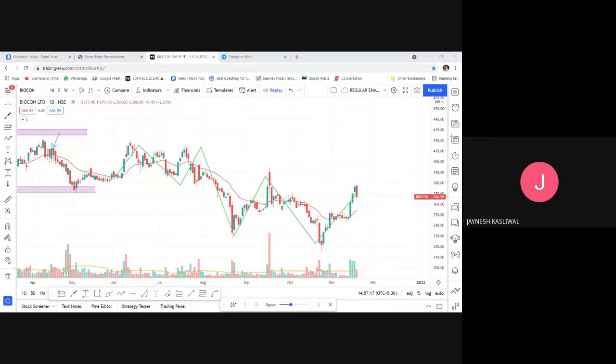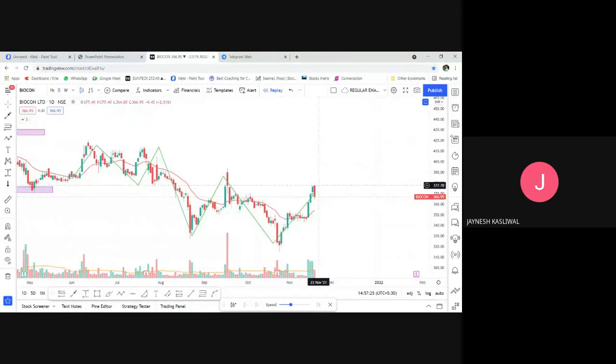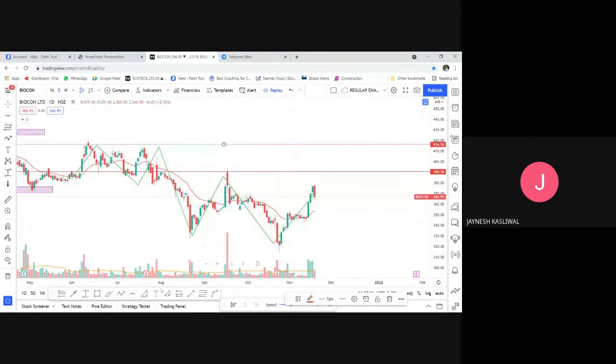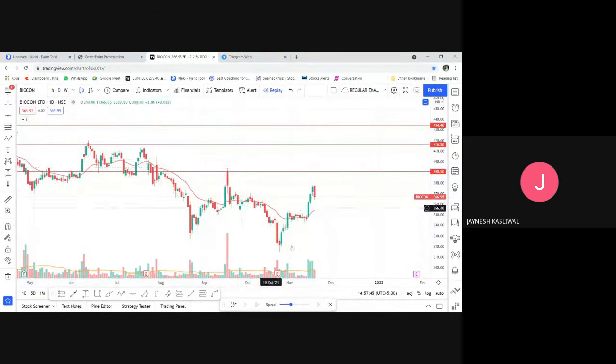Now if you trade breakouts that happen in a lower high lower low structure, what will happen? You will find multiple resistance areas from where the price will fall. This is a resistance area, this is a resistance area, this is a resistance area. In such a structure you will face a lot of problems, because the stock will struggle to move upwards and will always fall whenever it touches them.